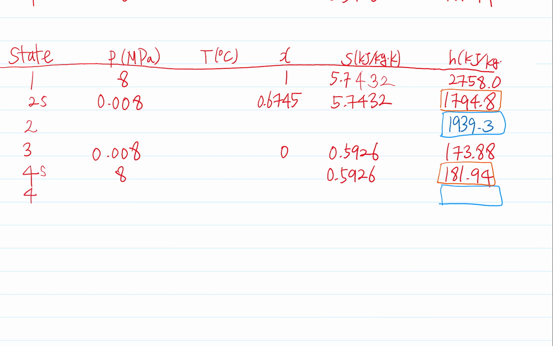Next, let's find H4. The pump work is expressed as H4 minus H3 from the energy balance. And the pump work for the isentropic process can be expressed as V3 times P4 minus P3. Recall that this was derived for the isentropic pump.